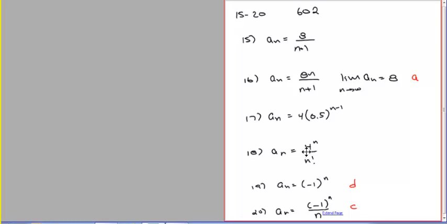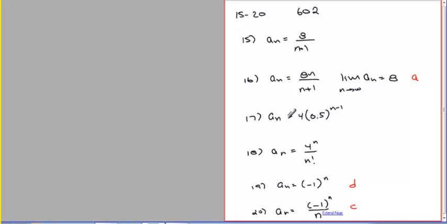Now, you can also see that e and f start out at 4. So one of these doesn't equal 4 when n equals 1. Well, this one equals 4 when n equals 1 because you get 4 times 0.5 to the 0 power, and any number to the 0 power is 1, so you get 4.